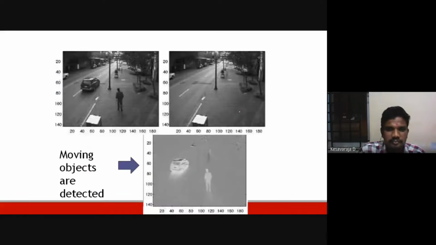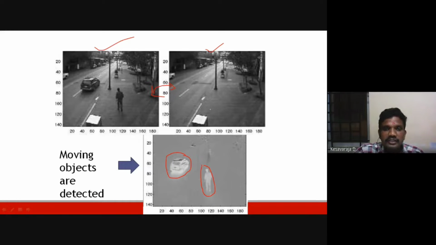See the picture: it's image 1 and image 2. You can subtract image 2 from image 1 or image 1 from image 2. That's not a problem. So you can subtract one image from the other, and immediately it recognizes what objects are present.